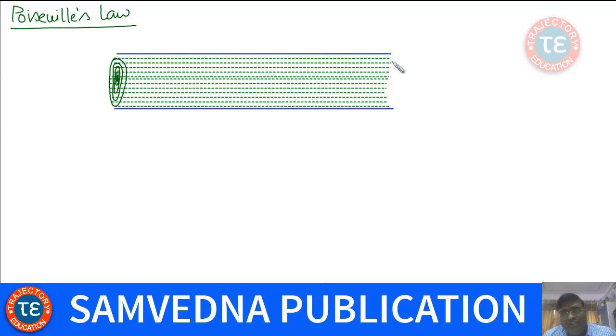There are cylindrical layers of liquid. Similarly on this side also, there are layers of liquid which are flowing.